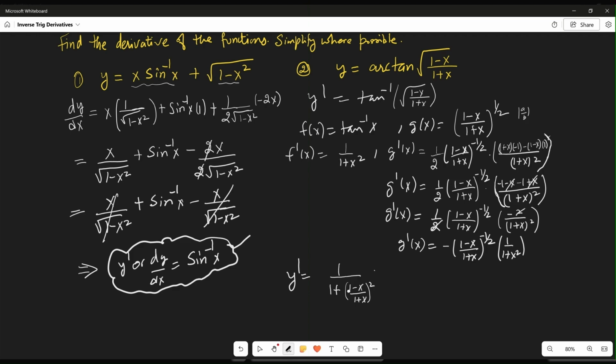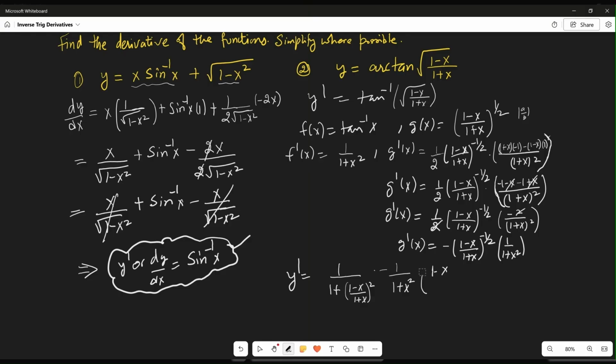So outer function with respect to inner function times the derivative of inner function, which is also 1 over 1 plus x square times the negative, this is negative of 1 minus x.